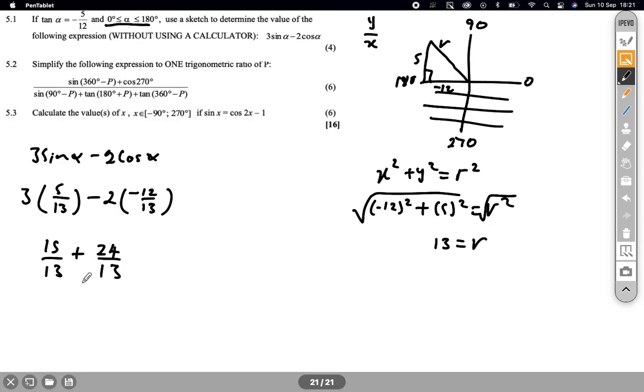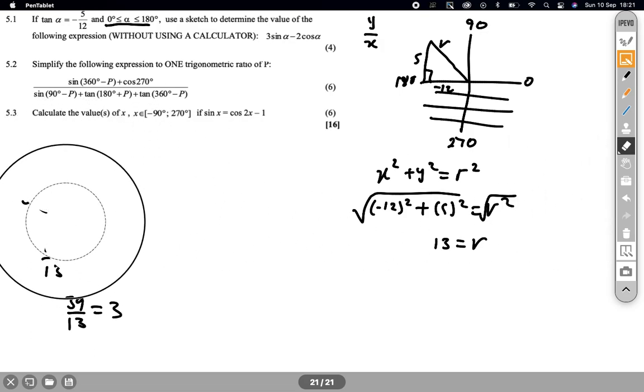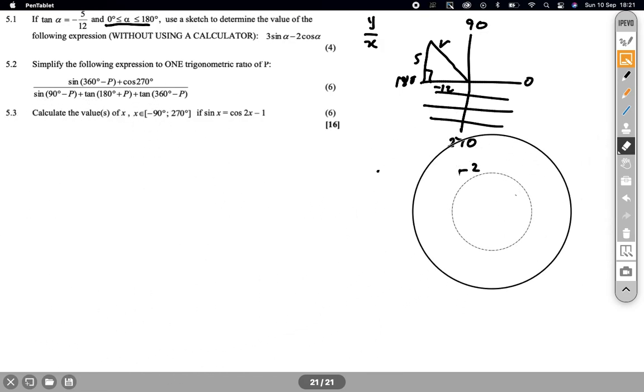Now the denominators are the same, so you can just add the numerators. So 15 plus 24 is 39 divided by 13, which is just 3. Okay, so we have found 3 sine alpha minus 2 cos alpha.